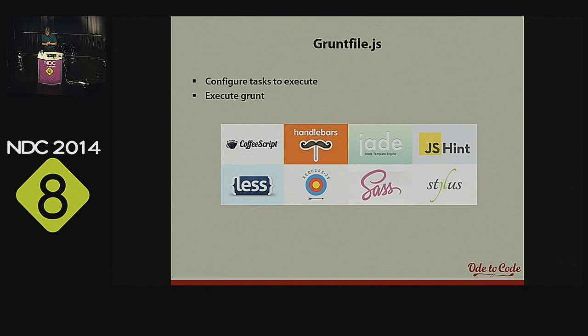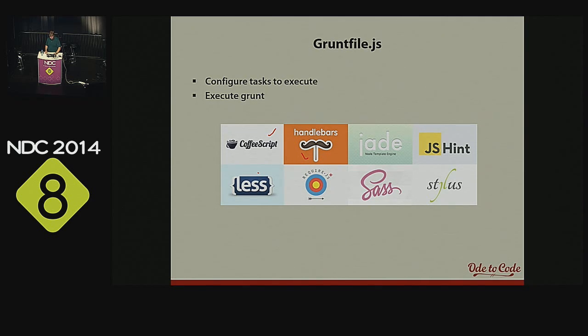So what are some of the things you can do with Grunt? Well, if you like to write CoffeeScript or TypeScript, you can use Grunt to compile those files into JavaScript. If you write Less, there's a Grunt task to compile Less into CSS. If you use Handlebars or a framework that depends on Handlebars, you can pre-compile Handlebars templates so that they are executable JavaScript, and then that doesn't have to happen at runtime and can save you some performance.